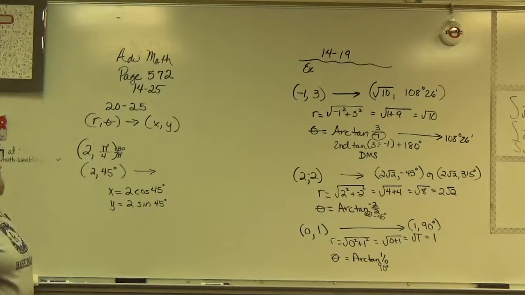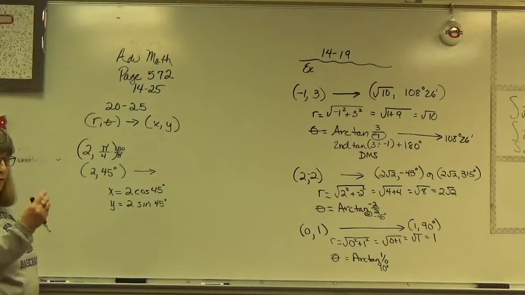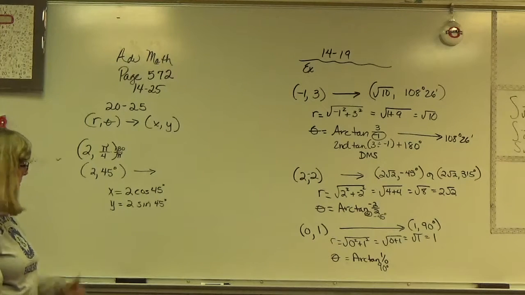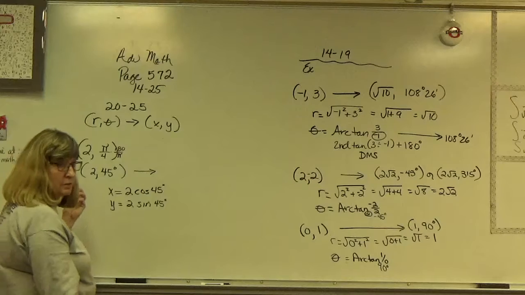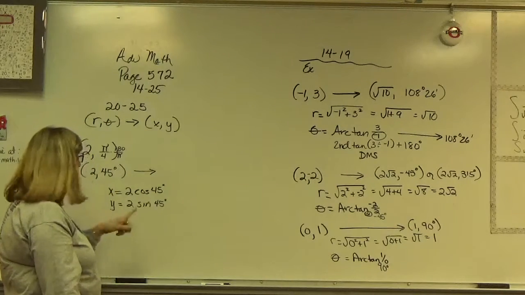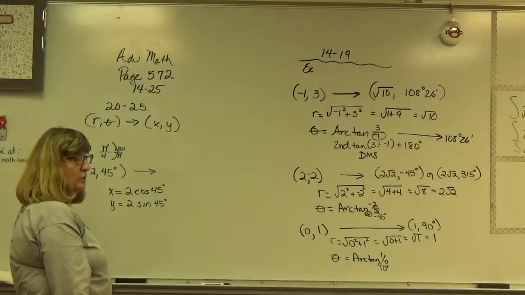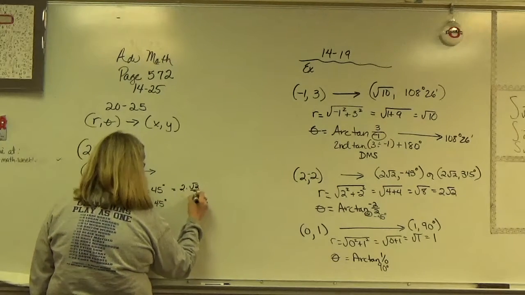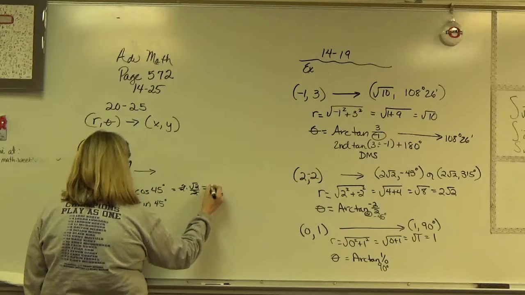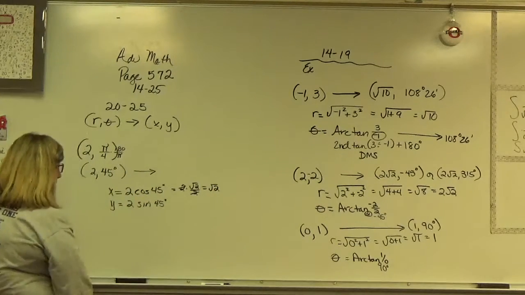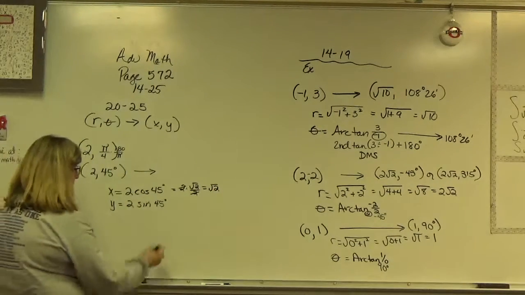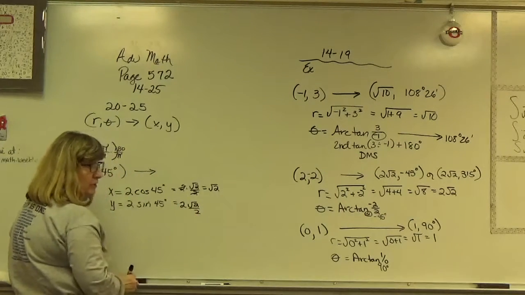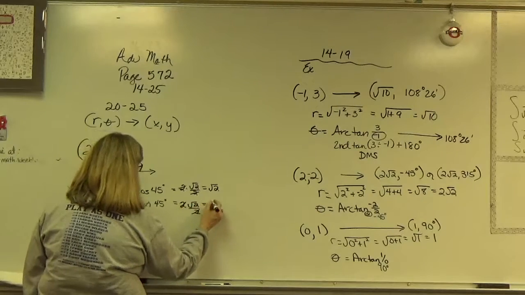Now, this is one of those where you can get exact answers, because isn't it a 45 on our chart? Don't you know the sine and the cosine of 45 degrees? What is the cosine of 45 degrees? Square root of 2 over 2. So the 2's will cancel and I get the square root of 2. What's the sine of 45 degrees? Same thing. Isn't the sine and cosine the same at that location? So we get square root of 2.